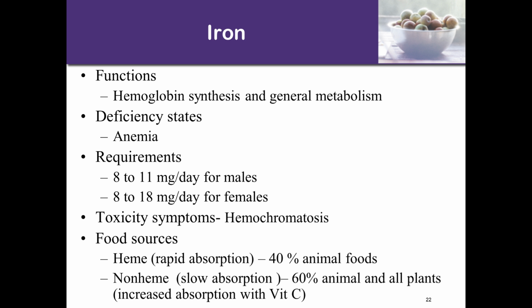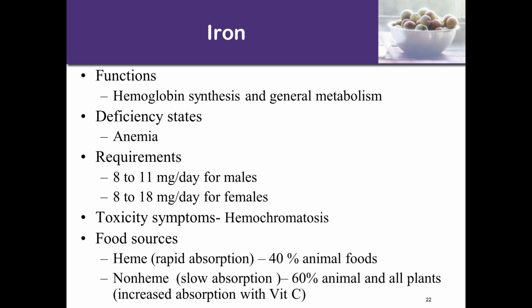That's why the requirement of iron in females is more as compared to males. Next, if the concentration of iron is high in the body, then toxicity will be present, and that is known as hemochromatosis. These are the toxicity when the concentration of iron is more in the body.